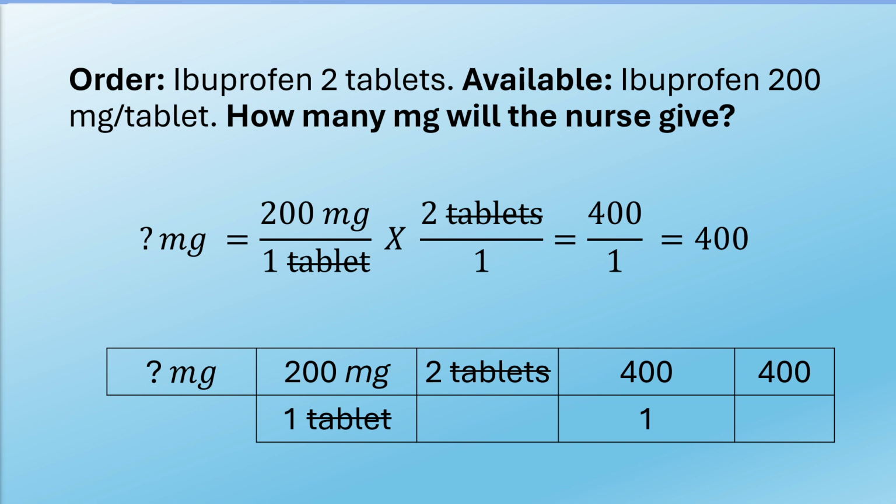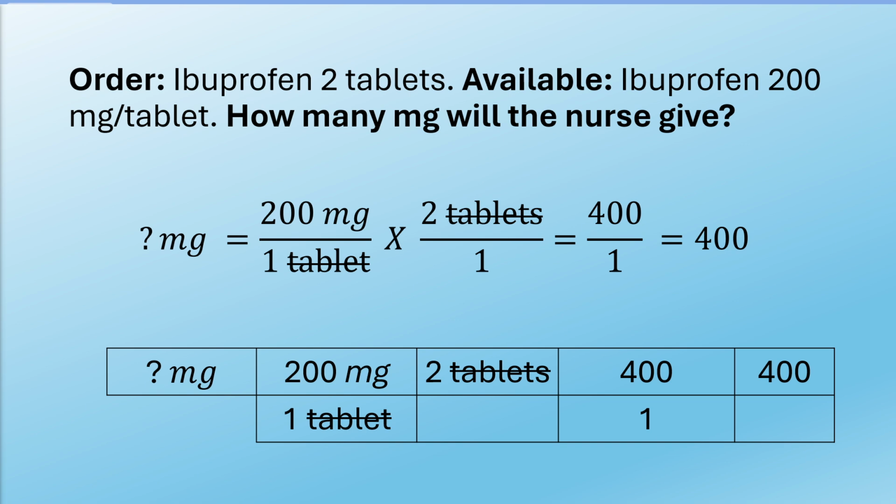So again, our first item, whether it's in the fraction format at the top or down in the grids, is milligrams. That's the label we want to get to. Now when we go to that next column or next set of relationships, we're going to flip it so that milligrams is on top. So in this case, we went to 200 milligrams per 1 tablet, or 200 milligrams over 1 tablet.